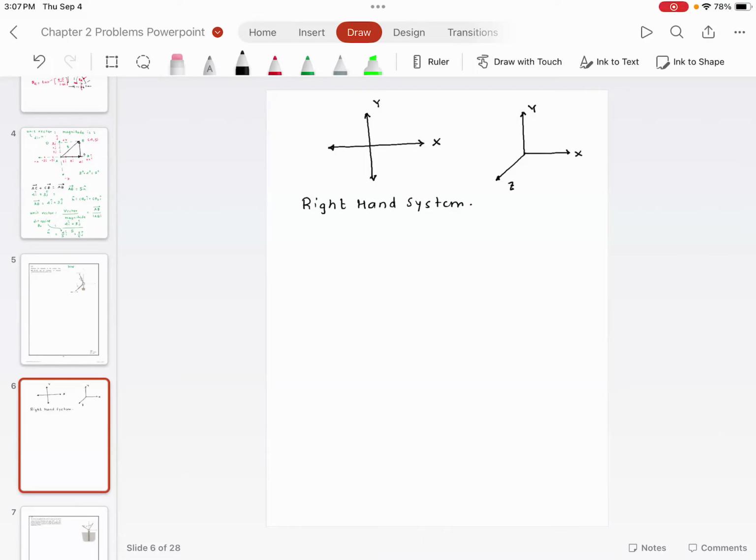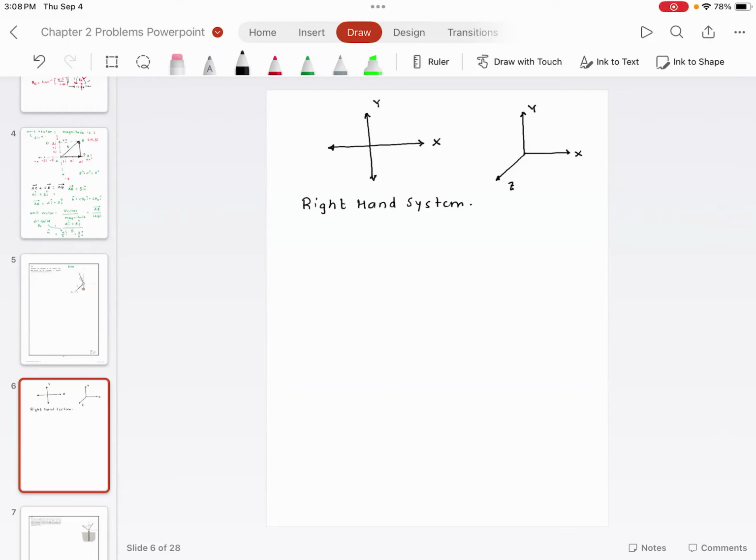So look at the coordinate frame that I have drawn. Thumb towards the positive X-axis, first finger towards the positive Y-axis, and the middle finger towards the positive Z-axis. Everyone understood this?